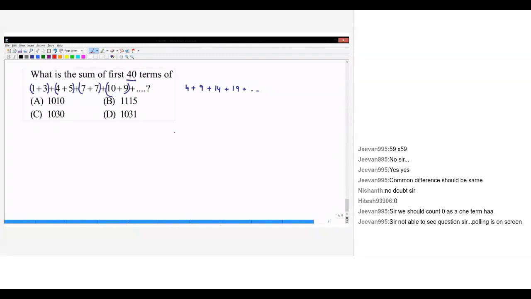So 20 by 2, it is 10. 2a, that is 8. N minus 1, that is 19. Into d, difference is 5. 10 into 103. 1030 is the answer.